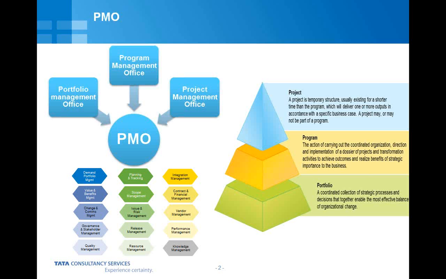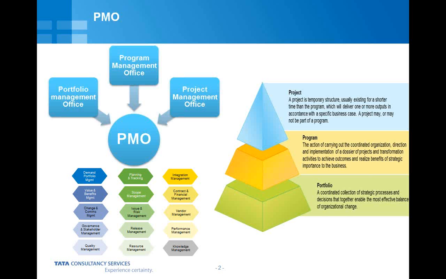A PMO could be a project management office. It could be managing one or multiple individual projects, or it may move to the next level called a program management office, where one PMO manages one or more programs as well as the projects running under that program, or it could be at a strategic level, which is a portfolio management office.